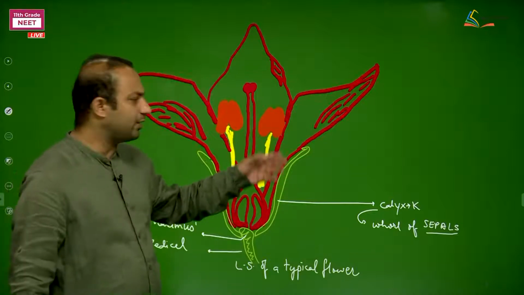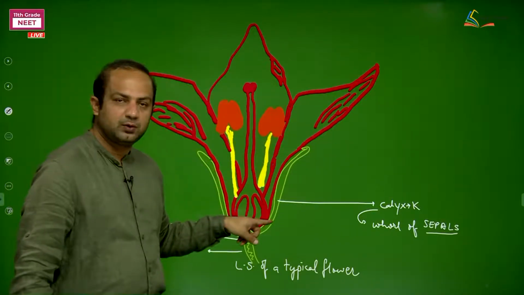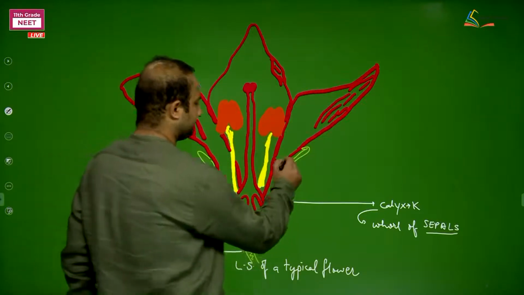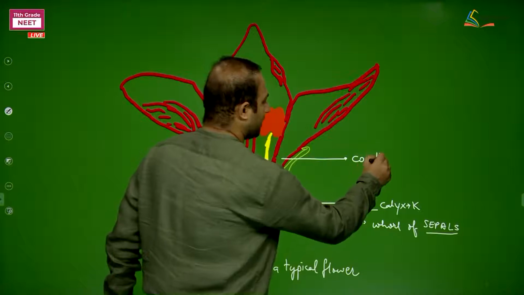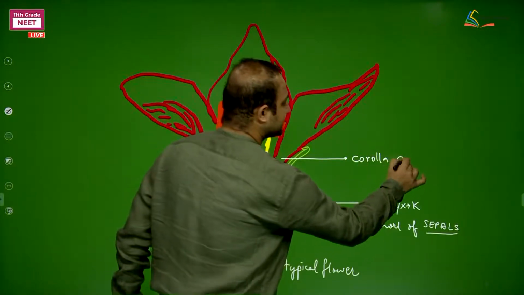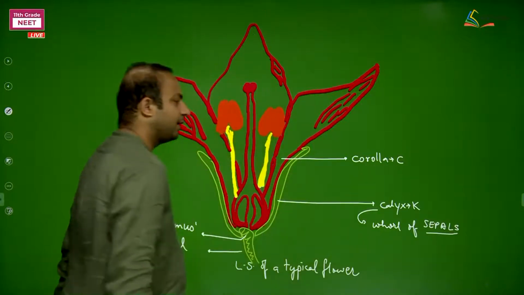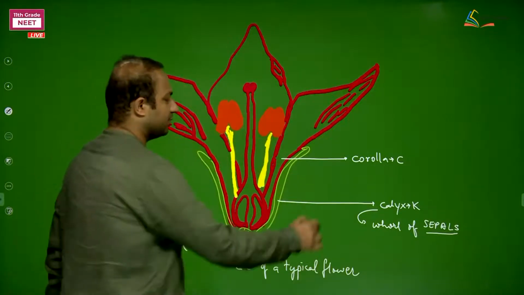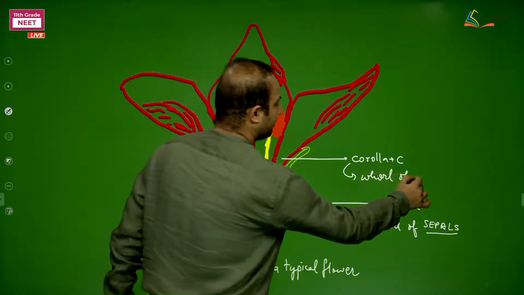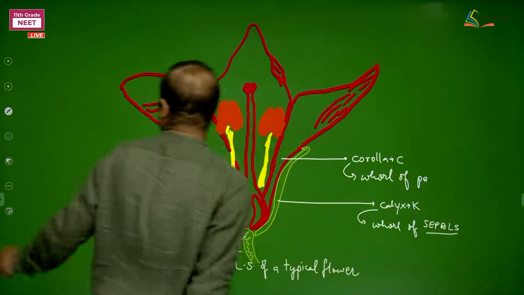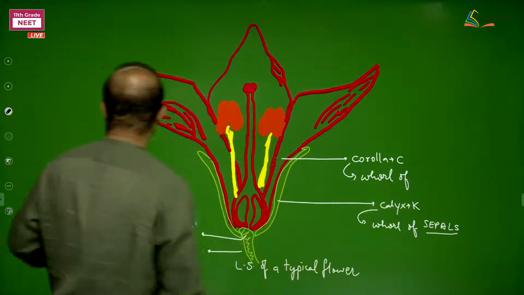The next thing that we are observing just above this red structure is the corolla, and for corolla we write the symbol C. The symbol for corolla is C, and this corolla is a whorl of petals. I'll maintain the uniformity.